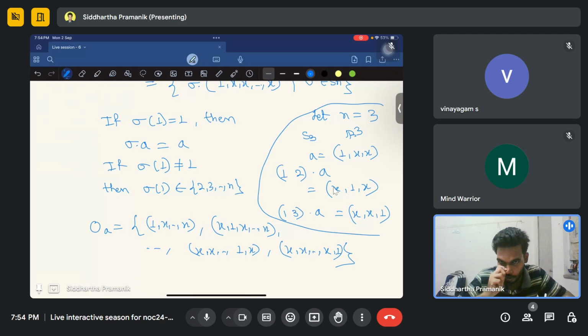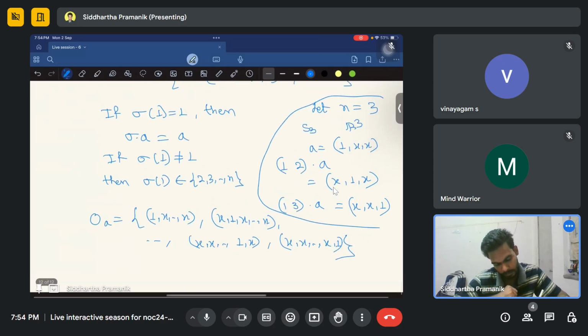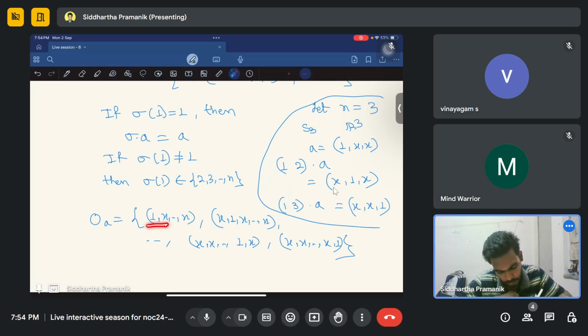So orbit consists of this type of elements. So in this one lies in the first coordinate, here one lies in the second coordinate, so one lies in the n minus 1th coordinate, and here one lies in the nth coordinate.